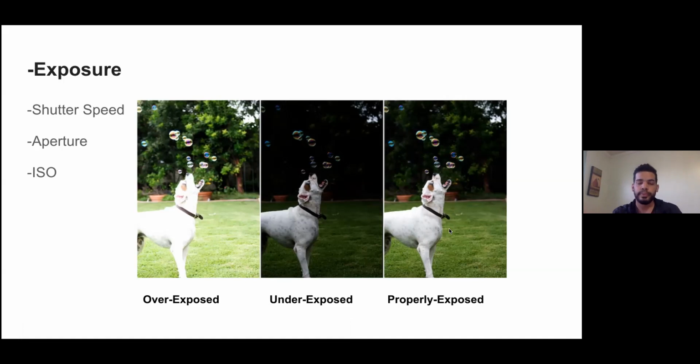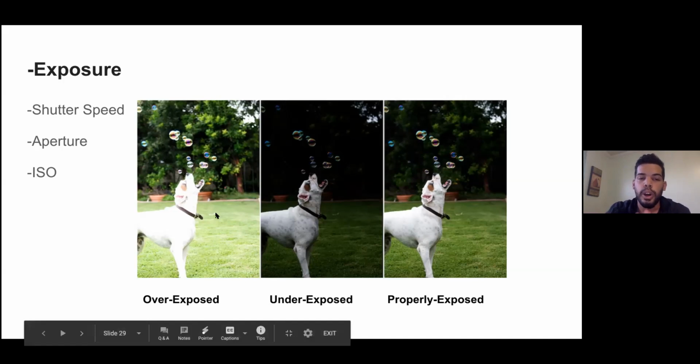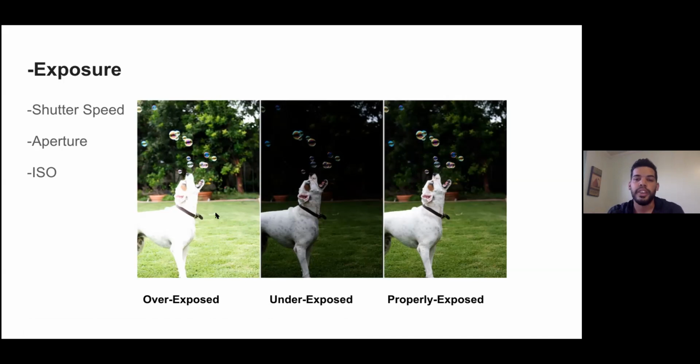So when you hear us refer to overexposed, underexposed, or properly exposed, this is what we're talking about. Overexposed means it's very bright. Underexposed means very dark. Properly exposed means that you did everything right. The picture looked very good. Now, everything with intention is correct.